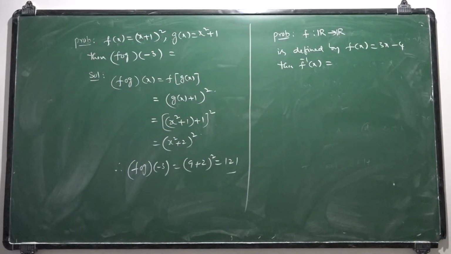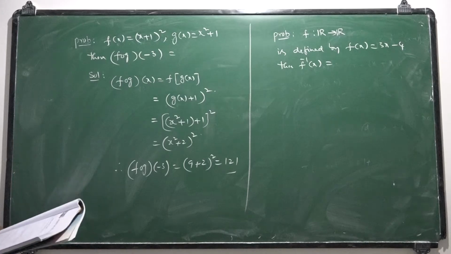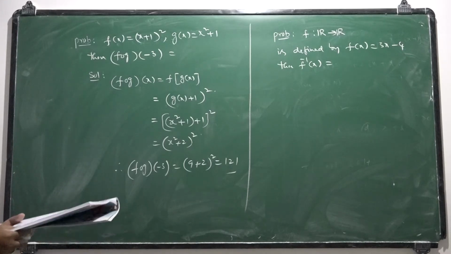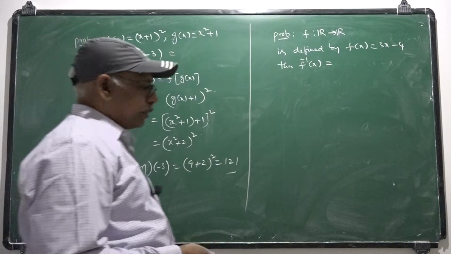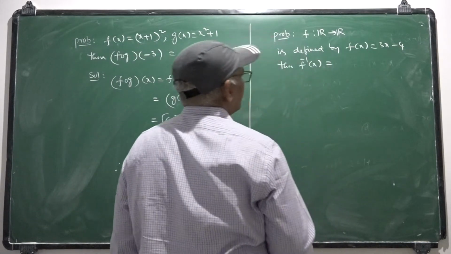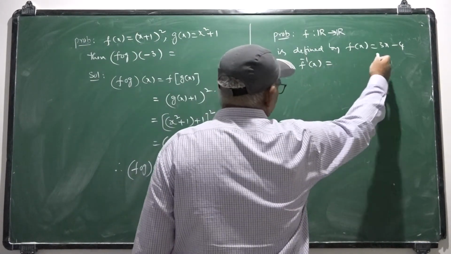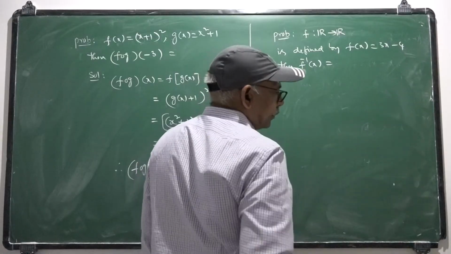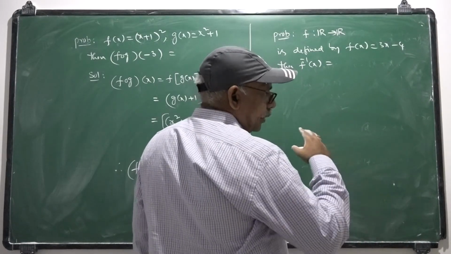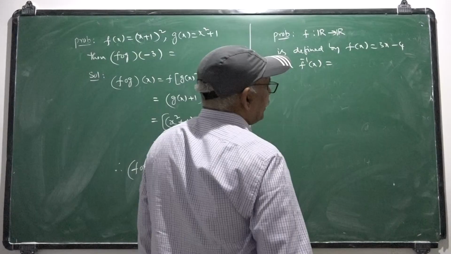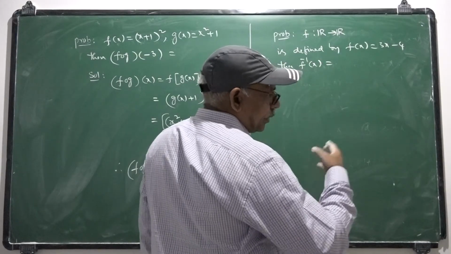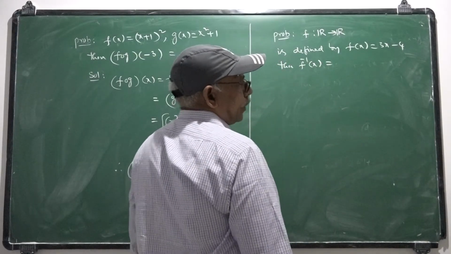F defined from R to R and given by f(x) equal to 3x minus 4, a linear function. Here f dash x is 3 greater than 0. So clearly it is a one-one injective function, because it is a monotonically increasing function.